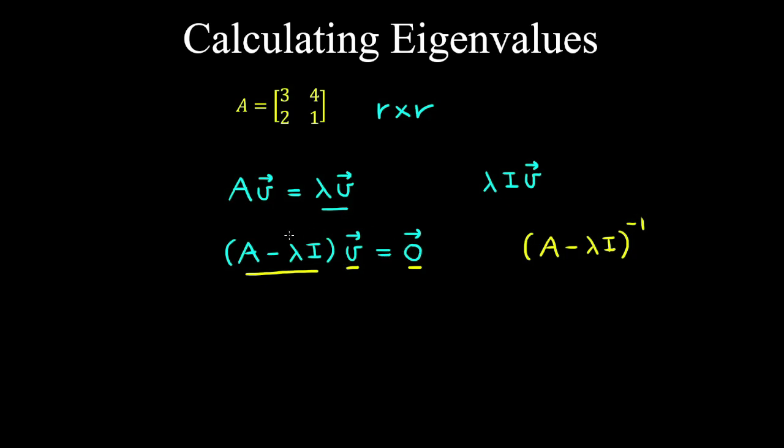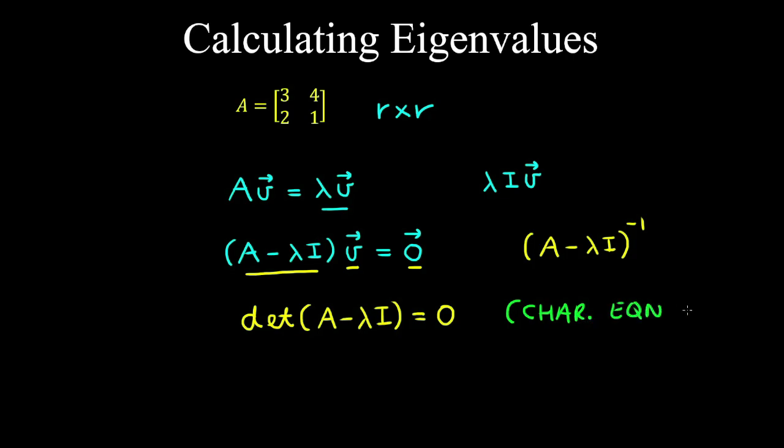So therefore, for non-trivial solutions to exist, the determinant of A minus lambda I must be equal to 0. So the inverse of A minus lambda I does not exist. And this is called the characteristic equation of the matrix A.